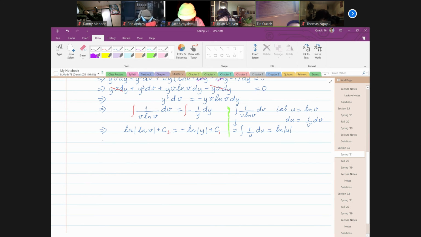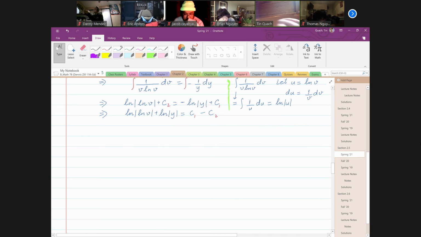All right, so what do we have? From here, we're going to move the ln's to one side. We have ln of ln absolute value of v, plus ln of y, and on the right-hand side, we get C sub 1 minus C sub 2, which is a constant, okay? So from here, we can combine these two.